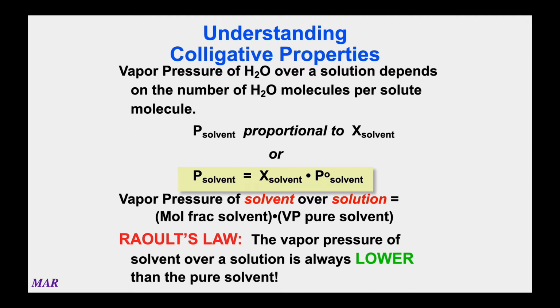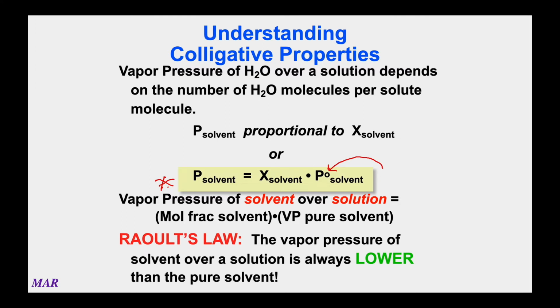As the mole fraction of the solvent goes up, the vapor pressure of the solvent over the solution goes up as well. And he came up with this expression right here, and people refer to it as Raoult's law. It basically says that you have some vapor pressure of pure solvent, and the little 0 right there means vapor pressure of pure solvent.